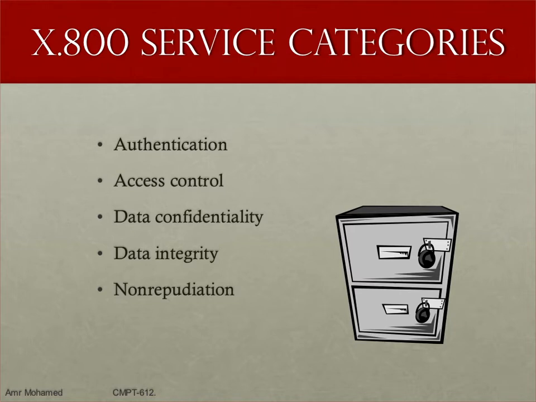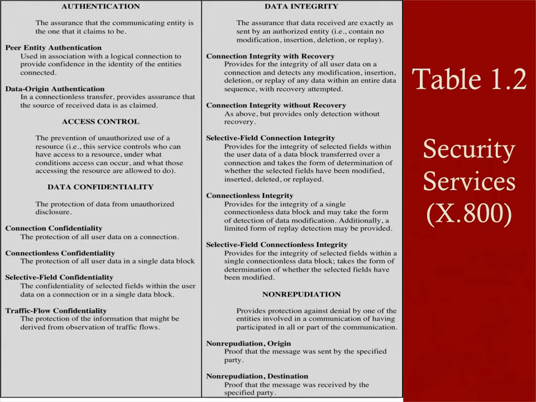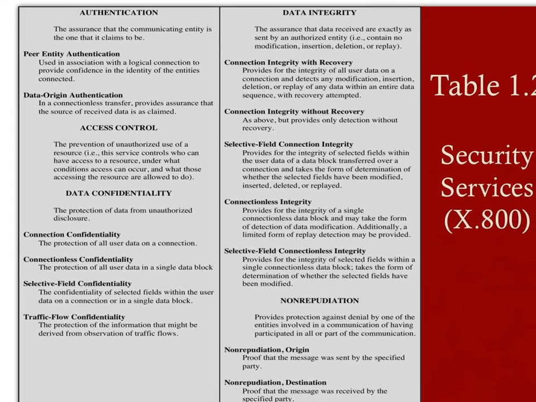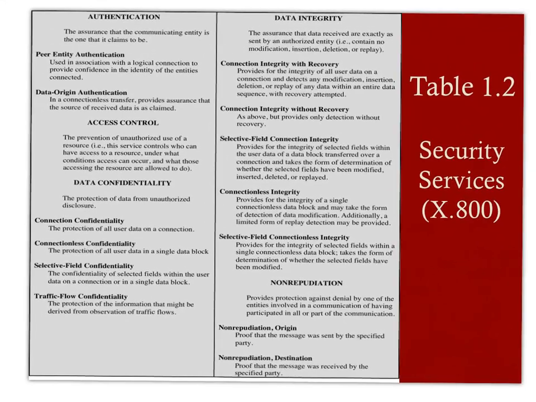Because the message itself somehow contains some information about your certificate. And it never happens that somebody else can send this message other than you. So these are all the services and some details about some categorization. Again, this is part of the X.800. More details on each of these security services.